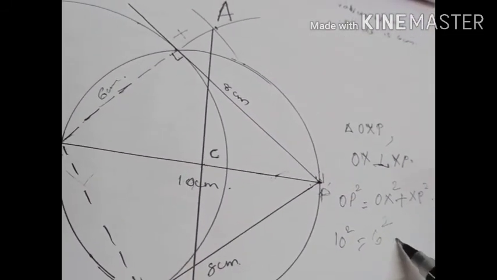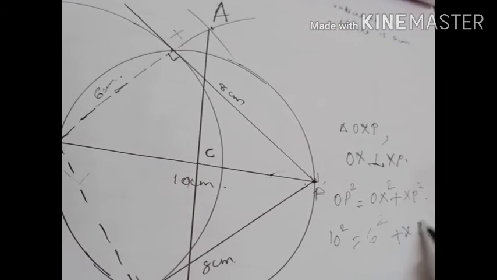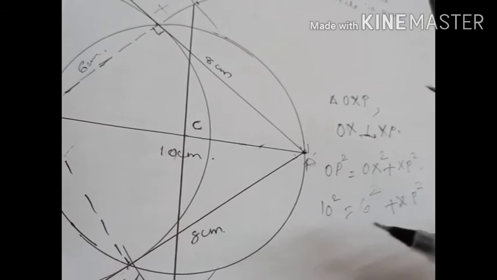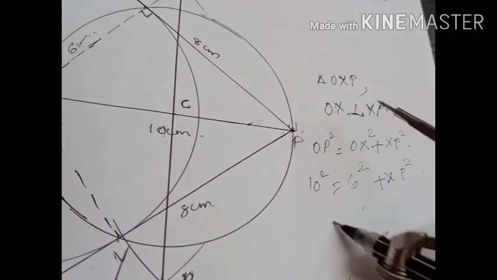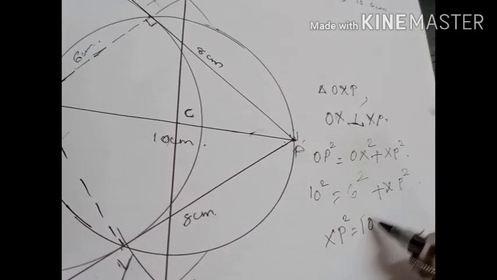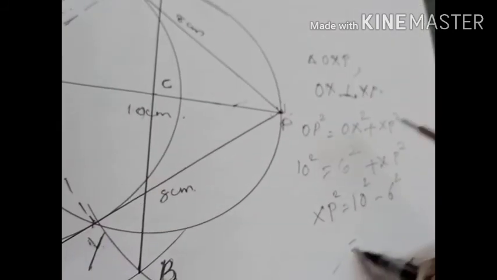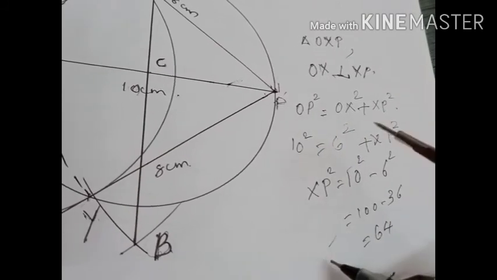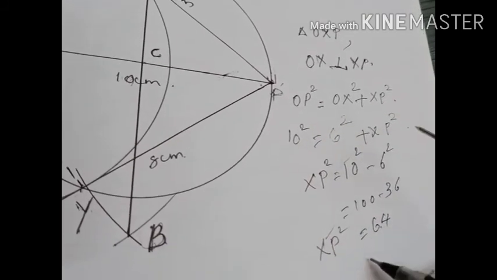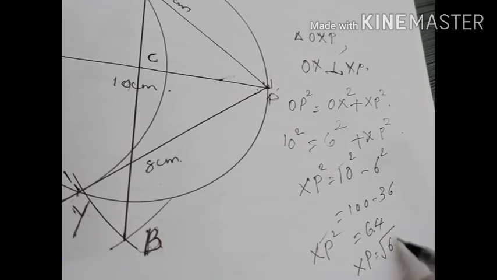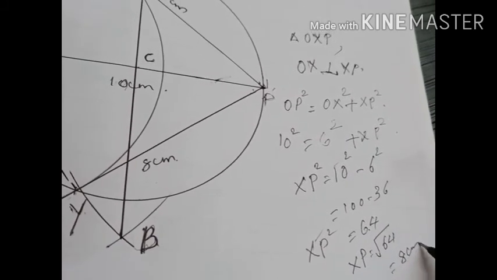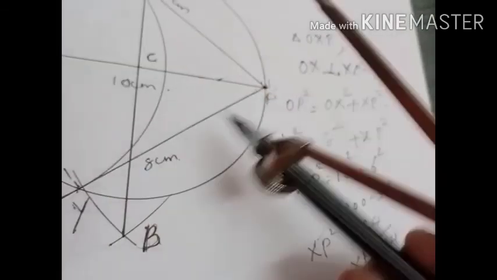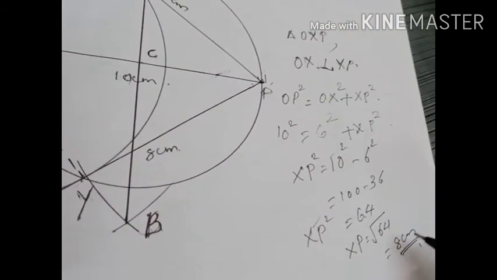So 6 square plus XP square. Here we have to get XP as 8 centimeter, that we want to justify. So XP square equals 10 square minus 6 square. That is 100 minus 36, that equals 64. So XP square equals 64. So XP equals root 64, that is 8 centimeter. So this is the justification for the construction. Similarly, YP is also 8 centimeter.